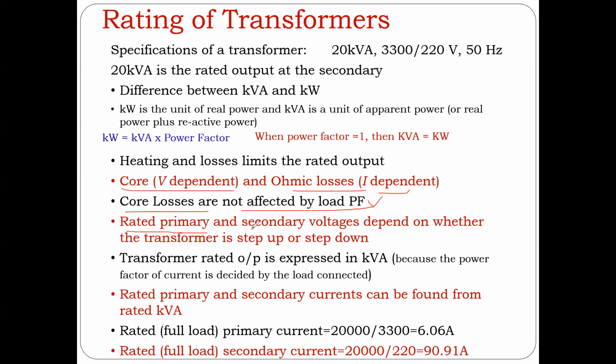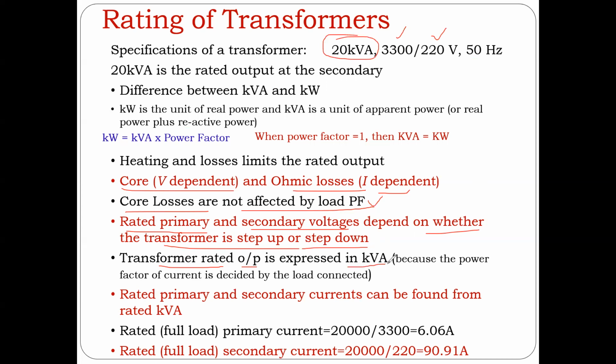The rated primary and secondary voltages depend on whether it is a step up or a step down. So if you flip your transformer, it will change. There is something called rated output from a transformer.